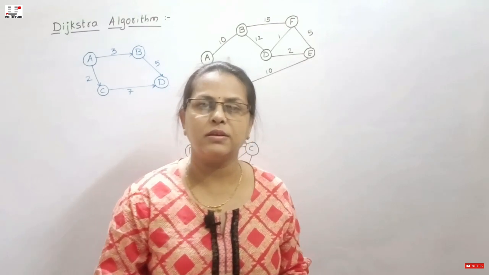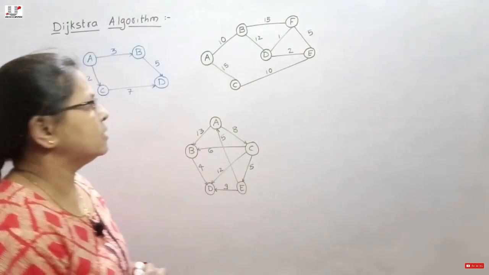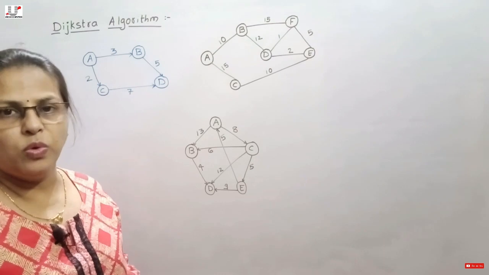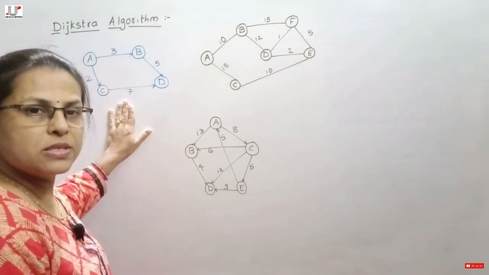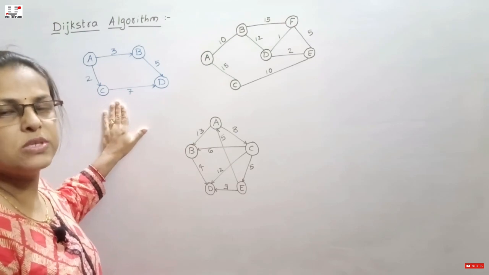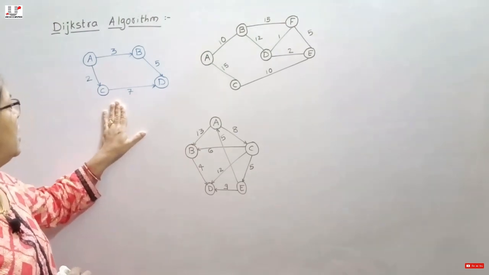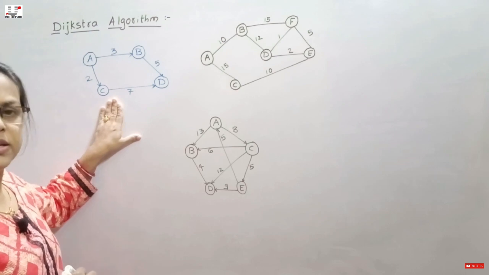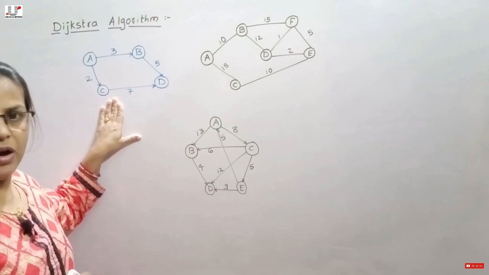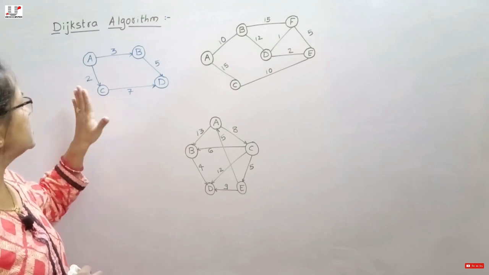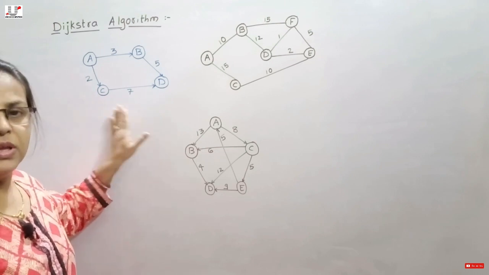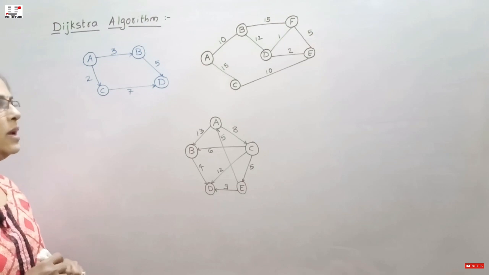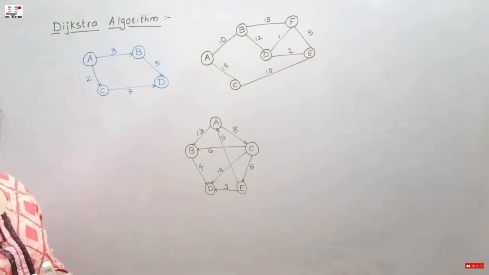Now let us consider how Dijkstra works on these graphs. First, we will try to trace this simple graph using Dijkstra algorithm. As this is a directed weighted graph and the source vertex is not given, we can consider any random vertex as a starting vertex.